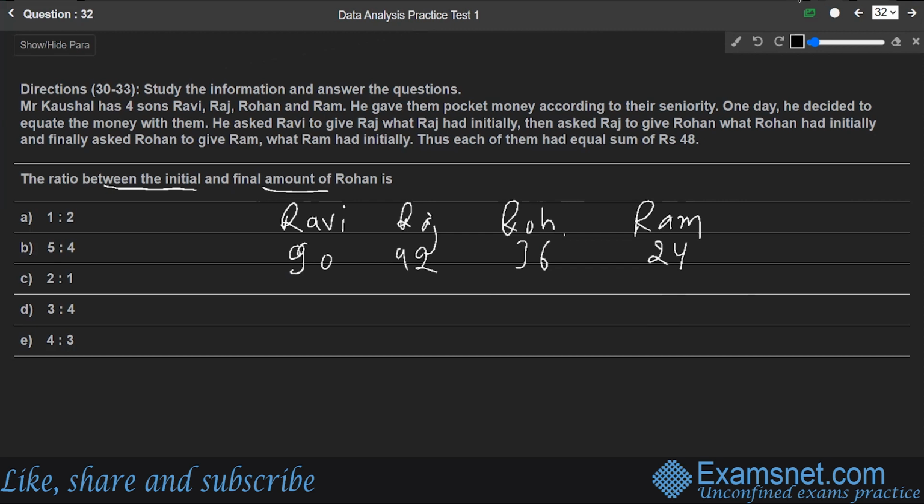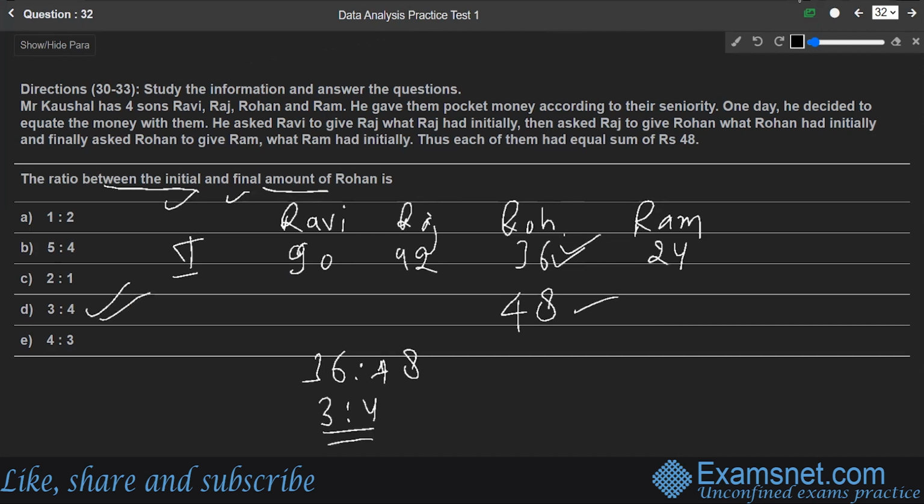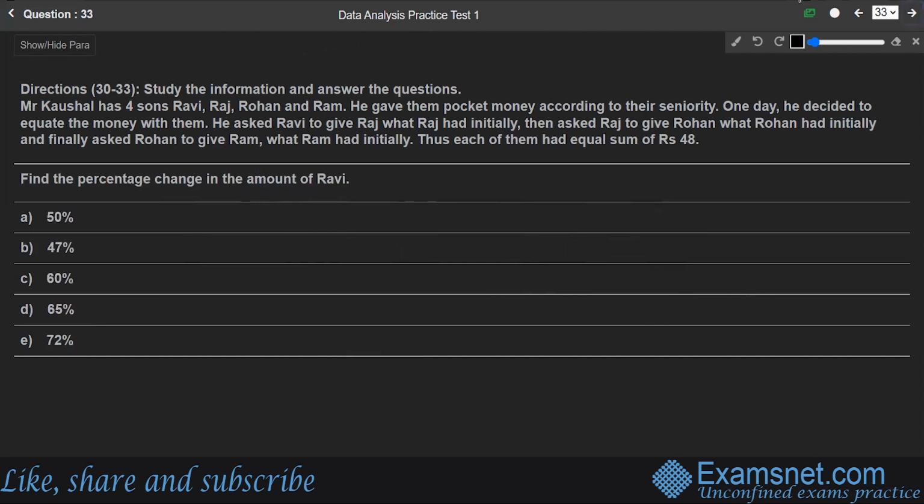We have to find the ratio between the initial and final amount of Rohan. The initial amount of Rohan was clearly 36, and the final amount of Rohan, as we calculated in the first part itself, was 48. We have to find the ratio of 36 to 48. Dividing both by 12, 36 to 48 is simply going to be 3 to 4. So that is the right answer.